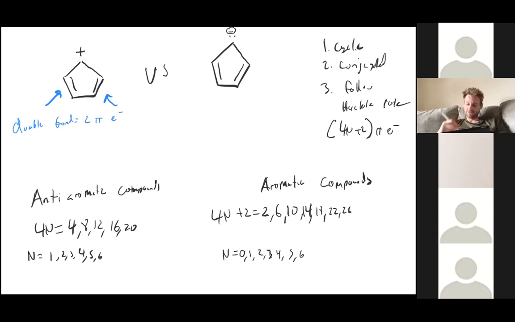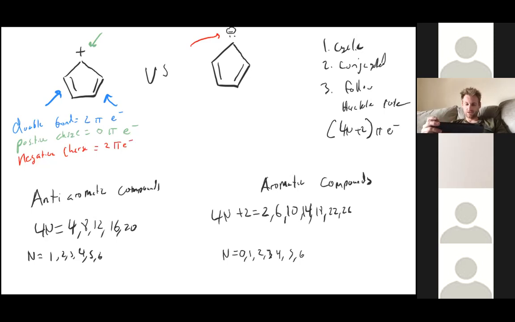We have 1 positive charge, which gives us 0 pi electrons. Still important, but it is there. And we have negative charges, which are also going to be worth 2 pi electrons.